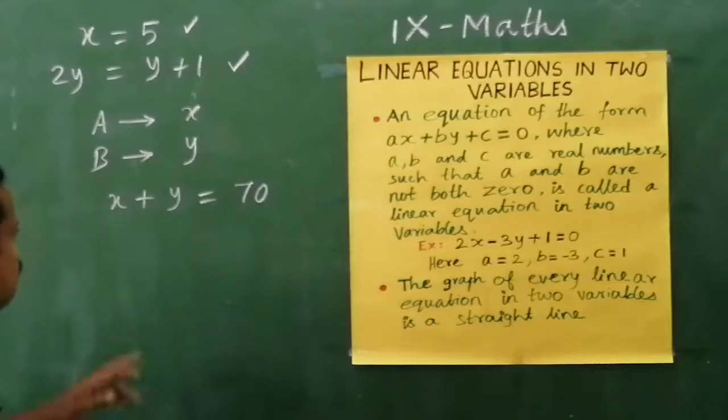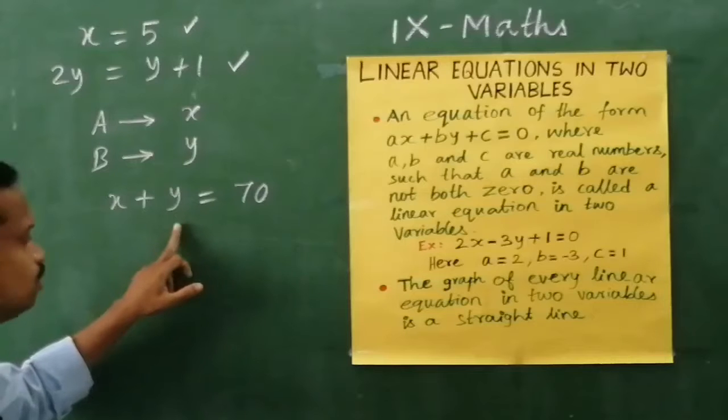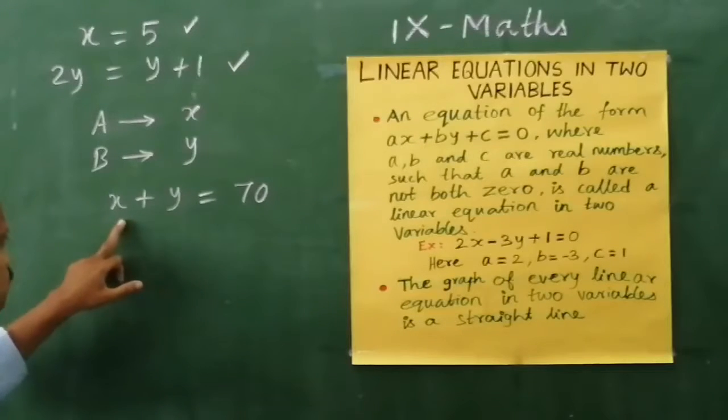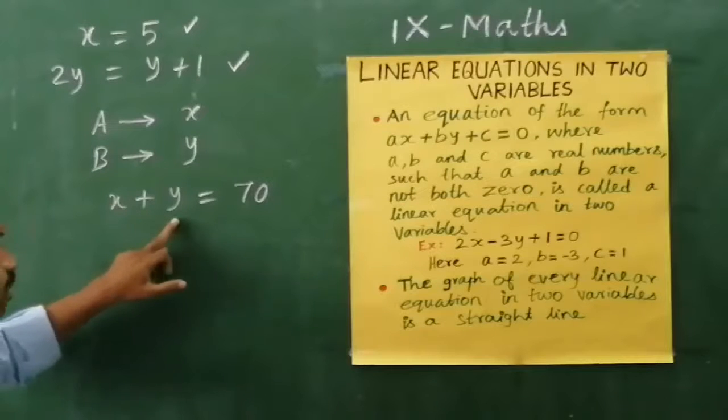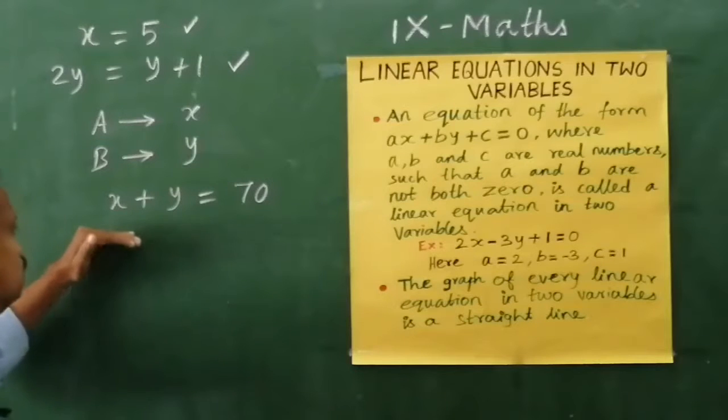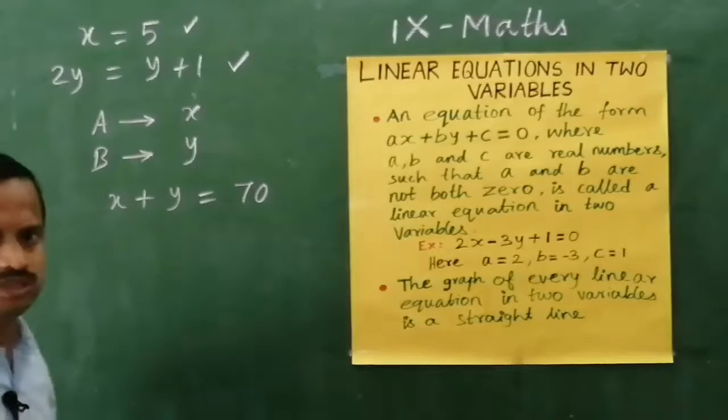Here comes the two variable linear equation, because the highest power of the variable x is 1, and y is also 1. So, the degree is 1 anyhow. This is the best example for a linear equation in two variables.